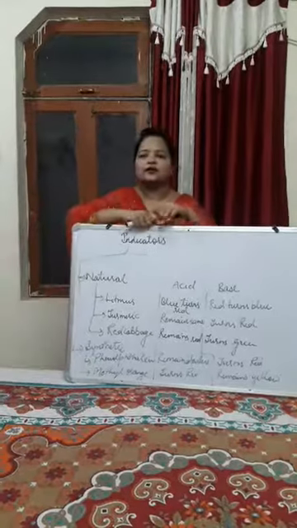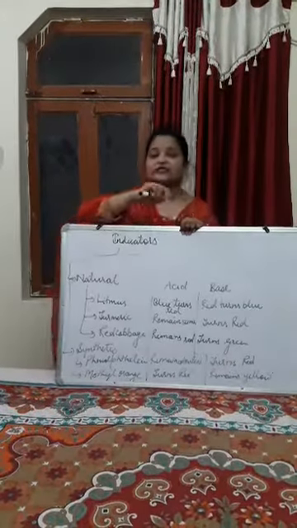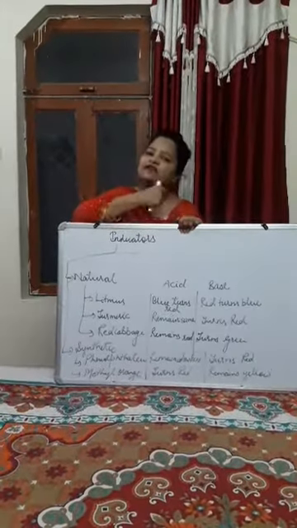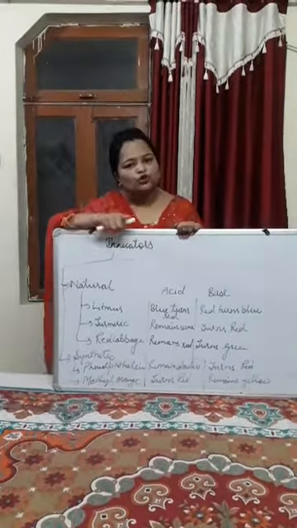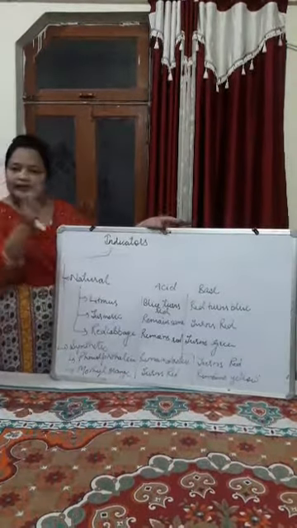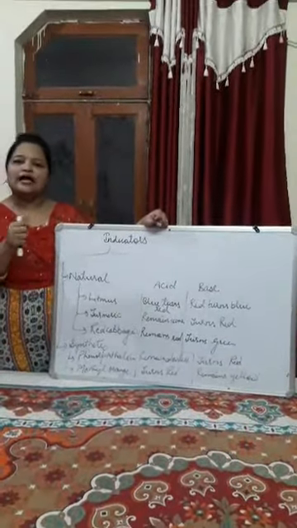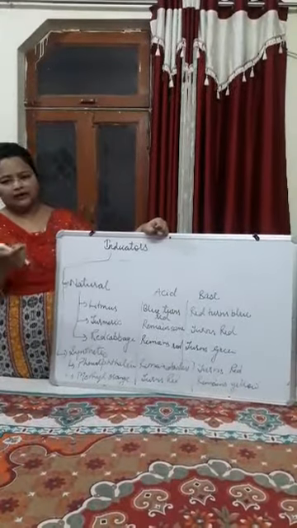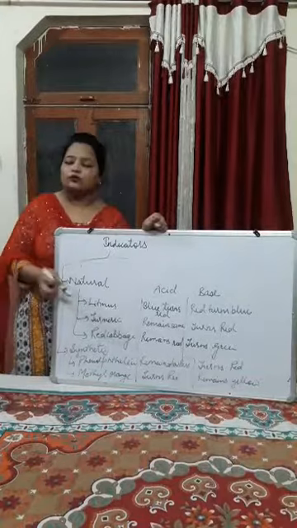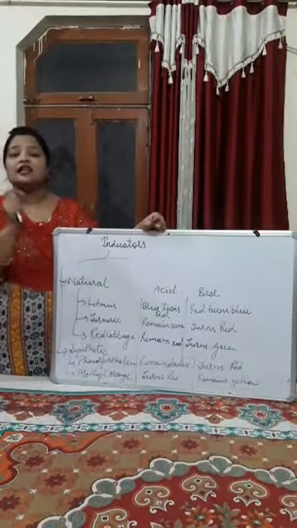Now, litmus is a type of indicator which is known as an acid-base indicator. Why? Because it gives a different color in acidic solution and a different color in basic solution. There are two types of litmus that we use, that is blue litmus and red litmus. Why is it called a natural indicator? Because it can be found from the chemical released by lichen.